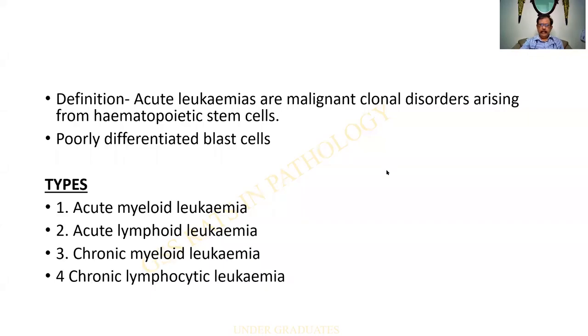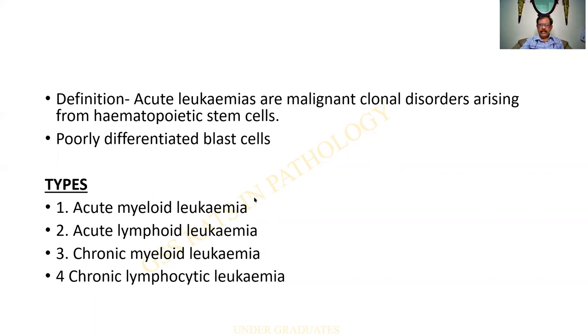Acute leukemias are malignant clonal disorders arising from hematopoietic stem cells. Each word is very important: malignant clonal disorder arising from hematopoietic stem cell. And they consist of poorly differentiated blast cells. We shall be explaining these terms. Definitions are definitions, no own words, please.